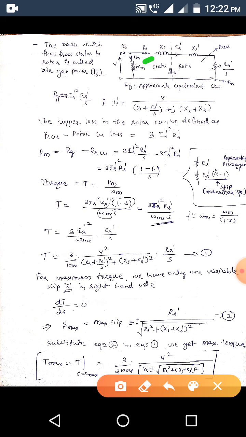Now we have the power in between the stator and rotor winding. The power which flows from the stator to rotor is called the air gap power.